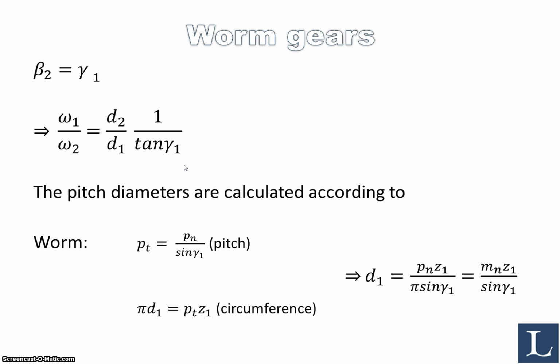For the worm, we start with a pitch, pt, which is the normal pitch divided by sine gamma 1, and we have the circumference, pi d1 equal to pt times z1. If we solve this for d1, you end up with the expression to the right, with the module, number of teeth, and sine gamma 1.